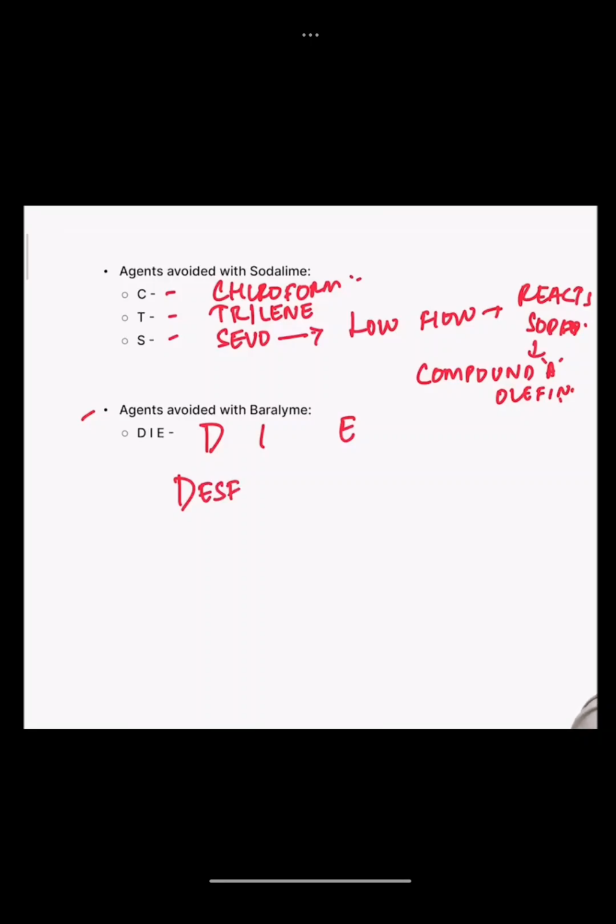D stands for desflurane, I stands for isoflurane, E stands for enflurane. These react with baralyme to form carbon monoxide. The maximum incidence of carbon monoxide formation is seen with desflurane.